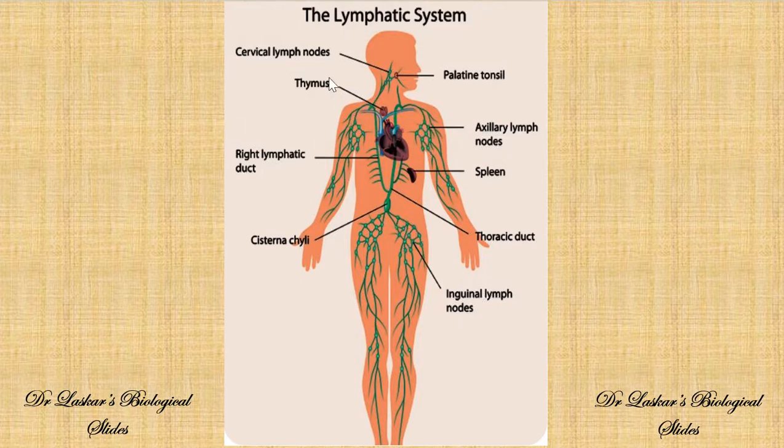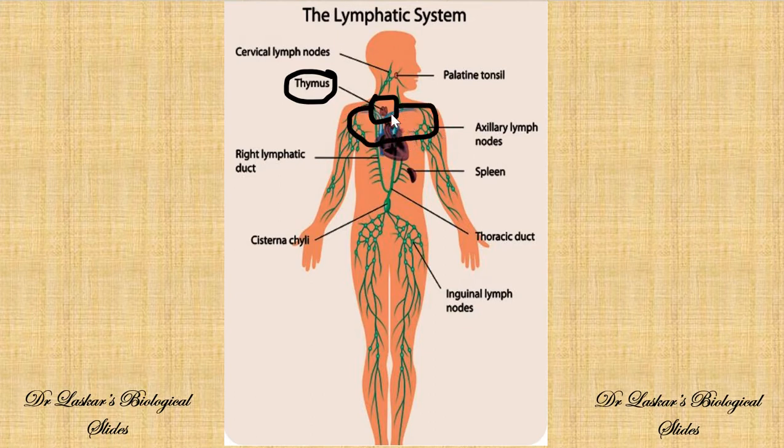Third, thymus. Here it is, thymus. It is a lymphoid or lymphatic organ, and it is located in the anterior part of the thorax. This portion is mainly called the thoracic cavity.